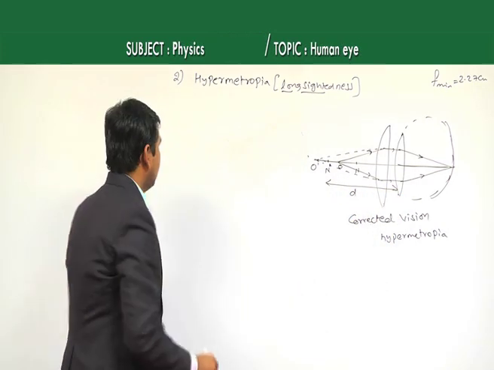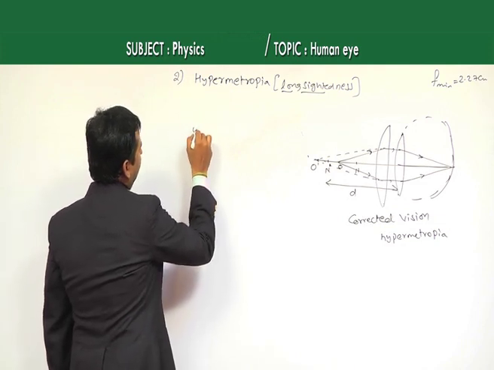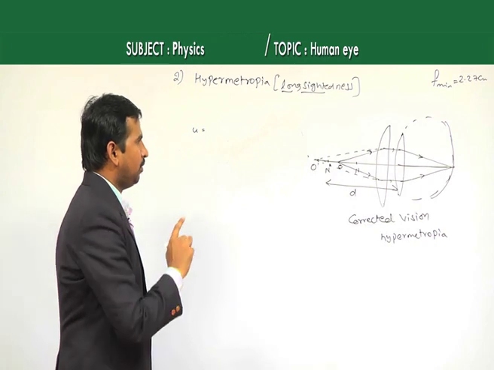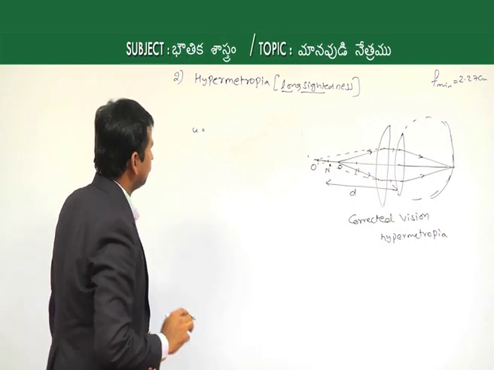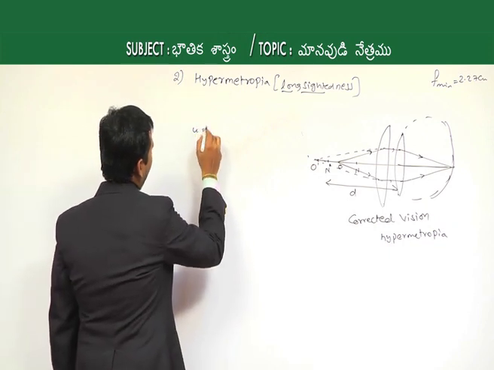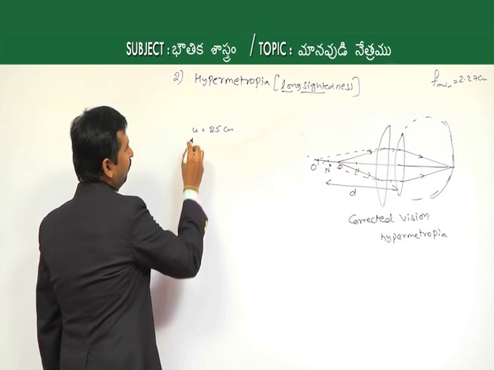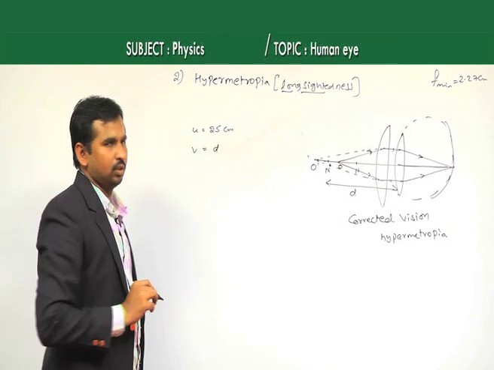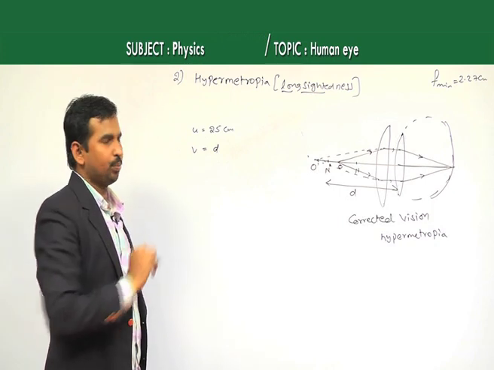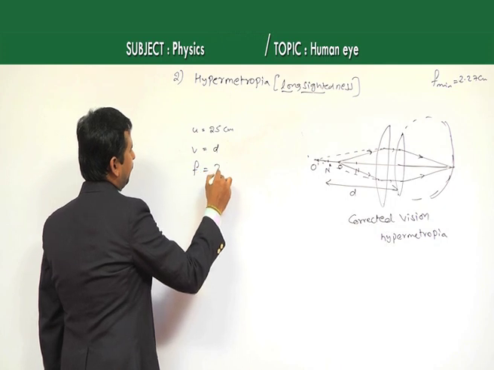Then we already have the object here, so where do we want to place the image? Exactly at d. The object is at 25 centimeters actually, and we want the image to be at d, our near point. Then we need the focal length f.